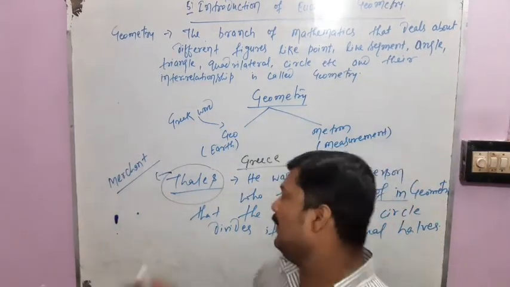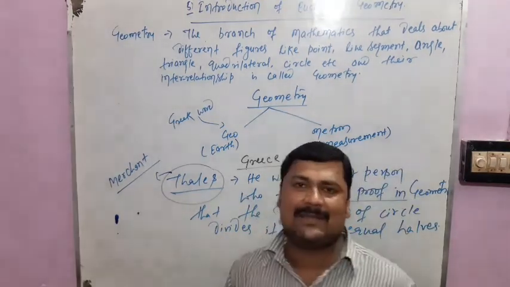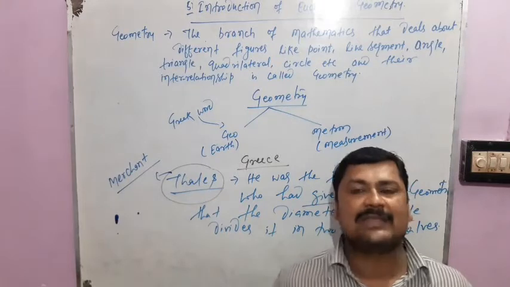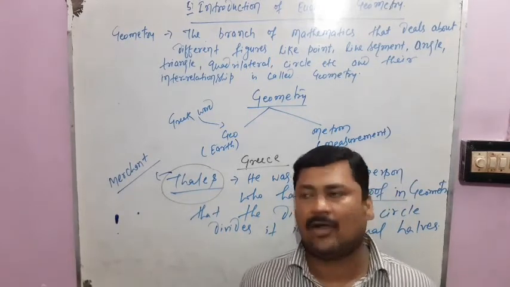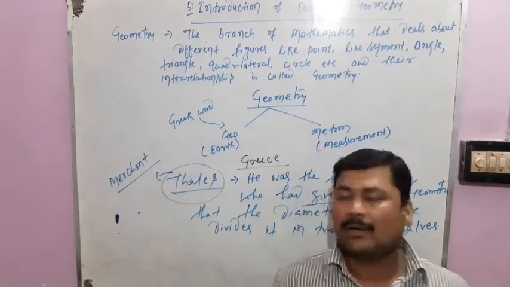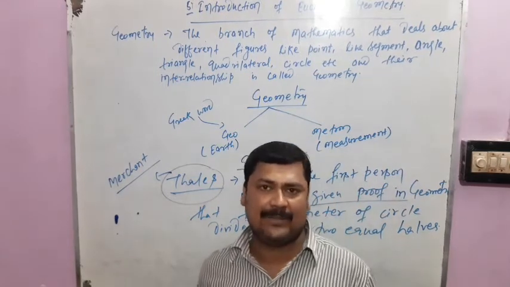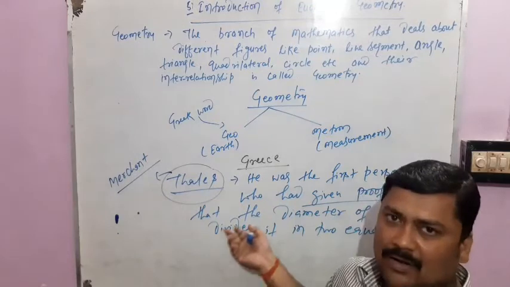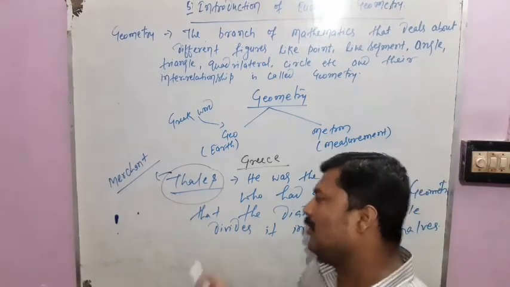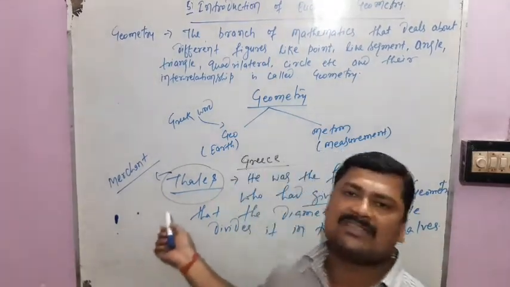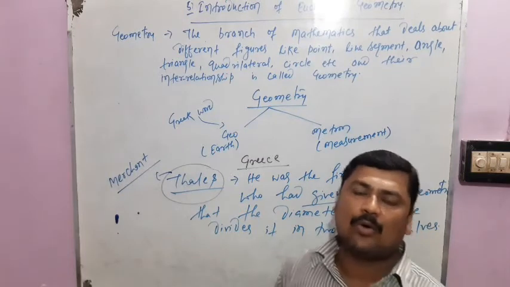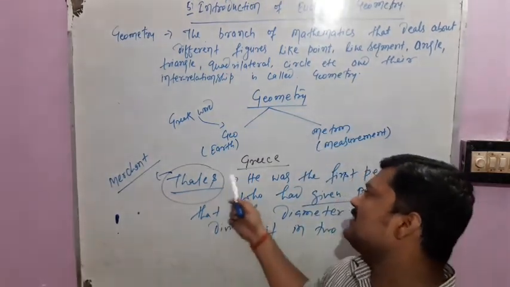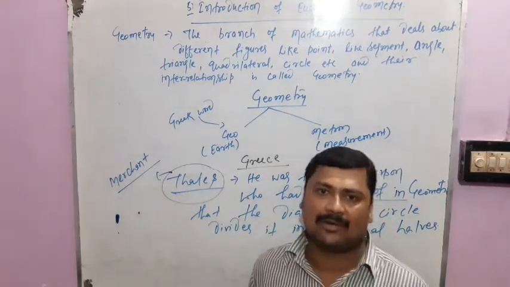But when on a visit to Egypt he saw the different types of figures, he thought that we have to also improve our knowledge in this field. After that, he started improving his knowledge in geometry. As I told you, one of his favorite disciples was Pythagoras, who opened a school in Greece in which this branch of mathematics was taught.